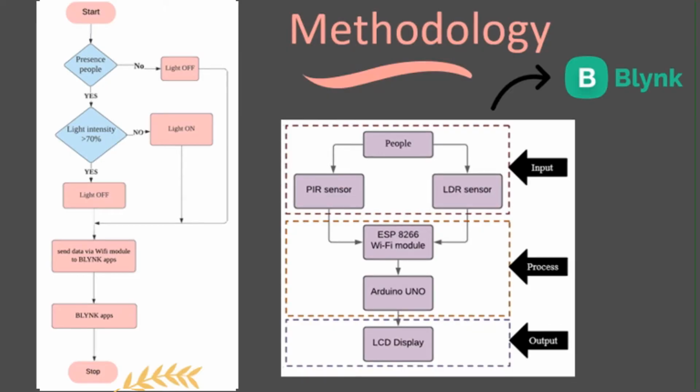Okay, for the methodology part, when people come in the room, the PIR sensor will detect the present people, and if yes, the LDR detects light intensity more than 70%, and then if yes, the light is off. If there is no present people, the light is off, and if the intensity is more than 70%, no, the light will be on.